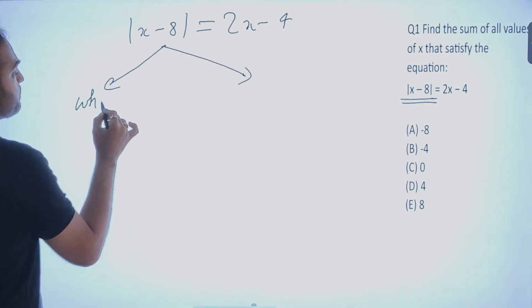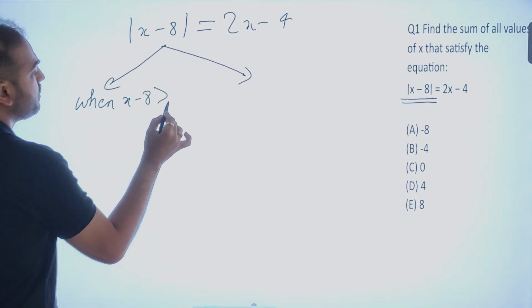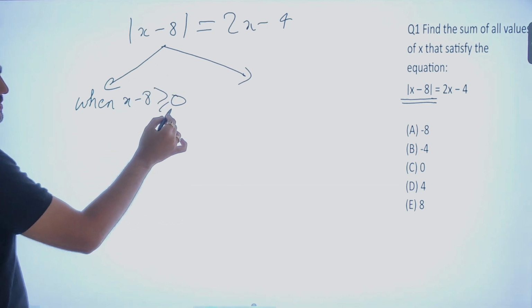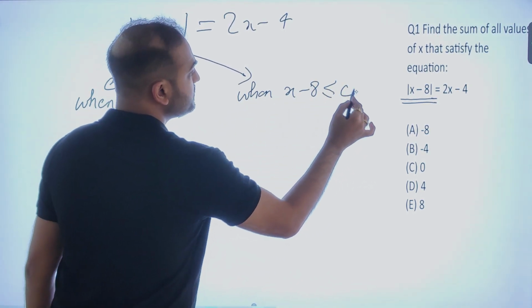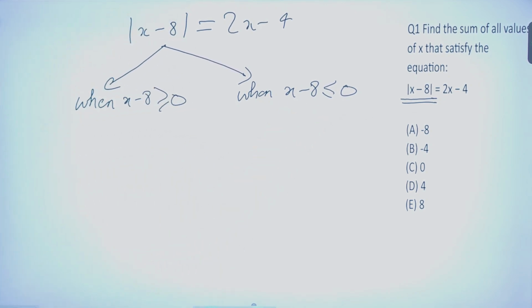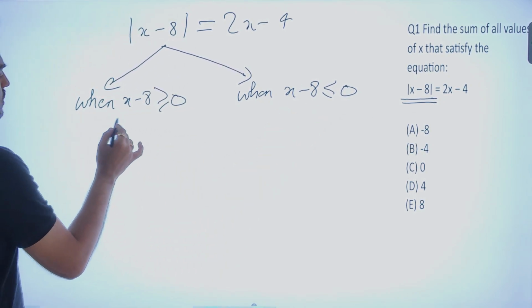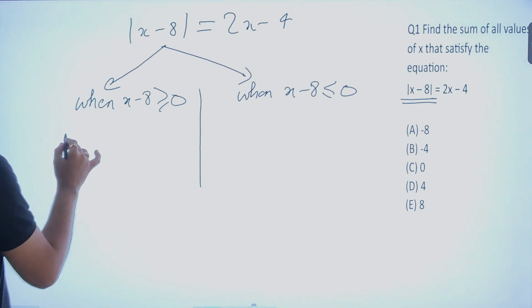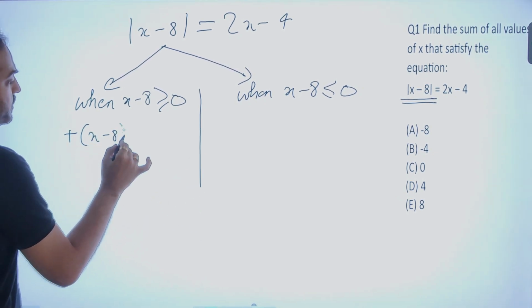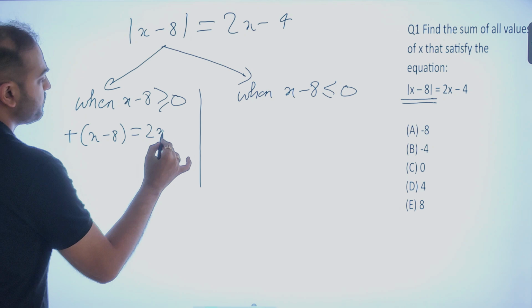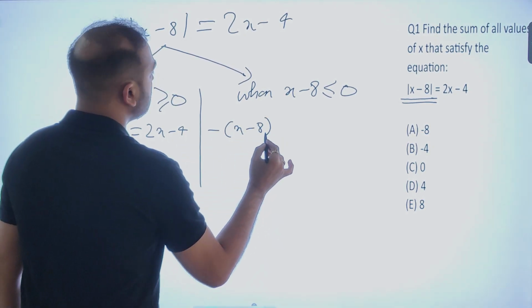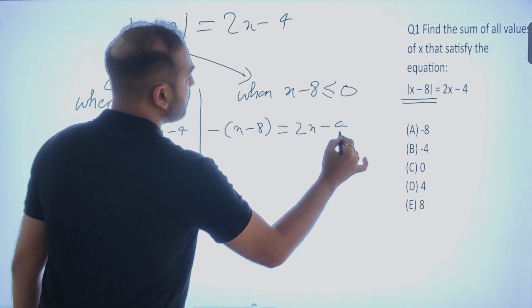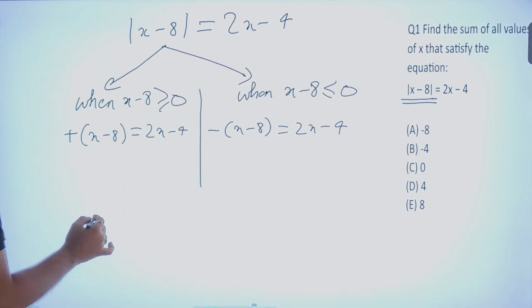Remember, there are two cases: when the value inside the modulus is positive, or when the value inside the modulus is negative. So if I solve this, modulus will be replaced with a positive sign, or the entire modulus will be replaced with a negative sign.